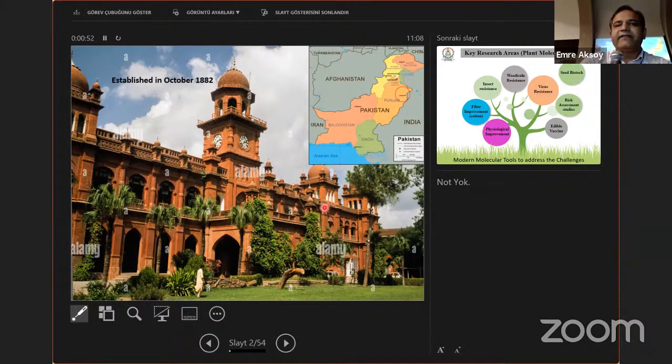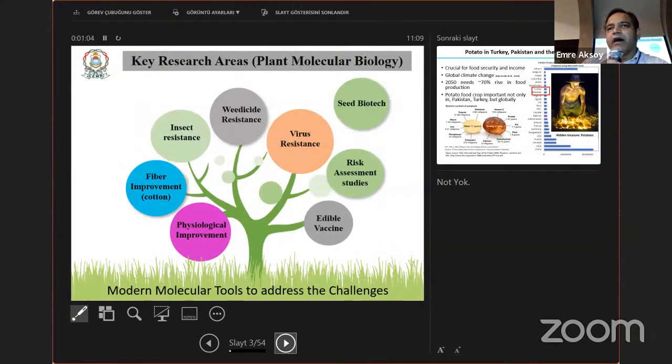The center has different sections that deal with forensic sciences, stem cell research, some bioinformatics groups, and therapeutic groups. I belong to plant molecular biology, one of the bigger groups of the center, working on different areas. Mainly, we try to introduce traits of economic importance in crops.